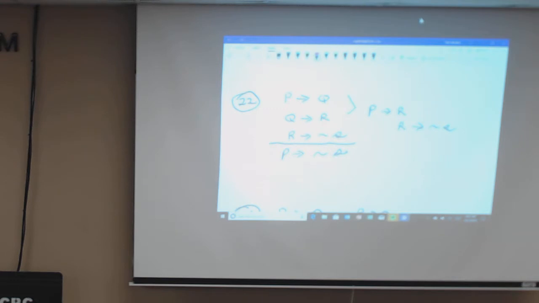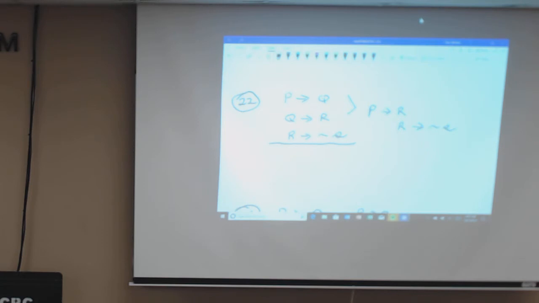If P, then Q. If Q, then R. If R, then not S. And the conclusion is, if, then they want us to come up with a conclusion. So this is blank. So let's take it off of there. So then what are we going to do?